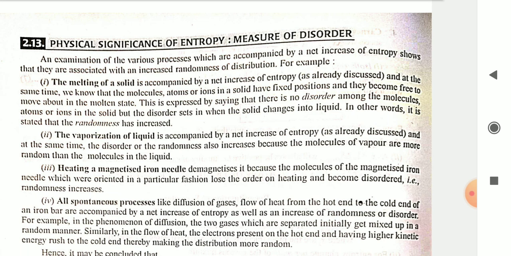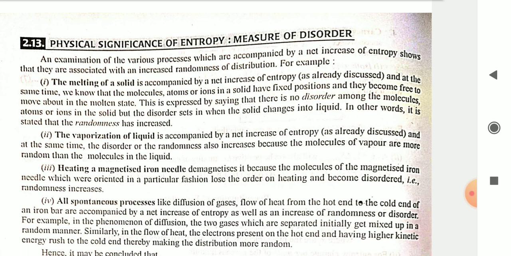Randomness increases. Fourth, all spontaneous processes like the diffusion of gases and flow of heat from the hot end to the cold end of an iron bar are accompanied by a net increase of entropy as well as an increase of randomness or disorder.